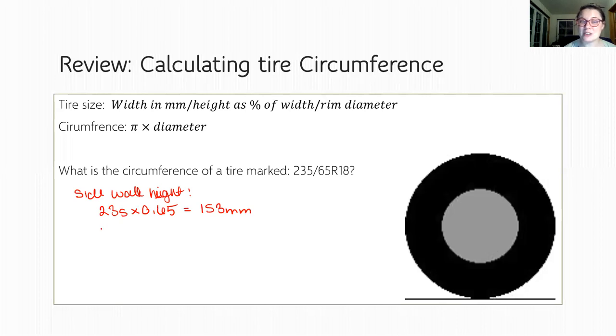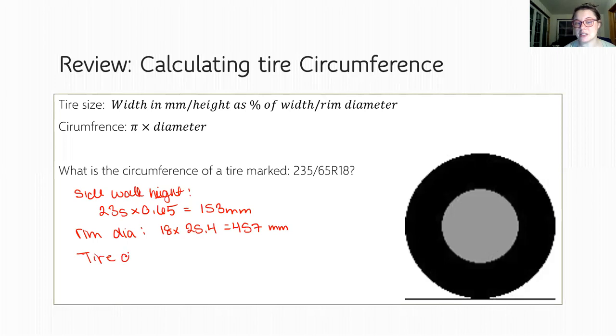Then we're going to figure out the rim diameter. And the rim diameter is 18 times 25.4, which gives us 457 millimeters.